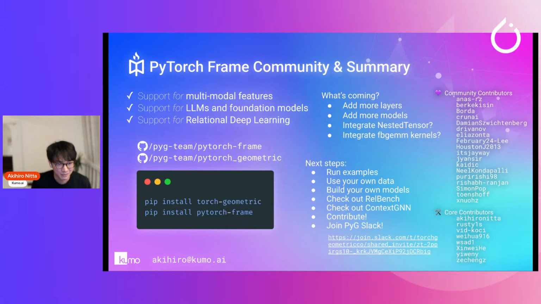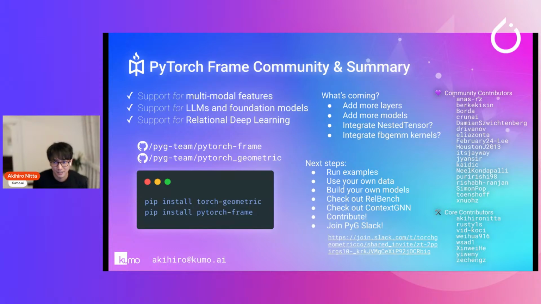And a quick roadmap would be, I'm open to ideas, but we could add more layers or more tabular models to PyTorch Frame. We now only have 8 built-in models, and then 2 possible things to do are to integrate nested tensor from PyTorch.